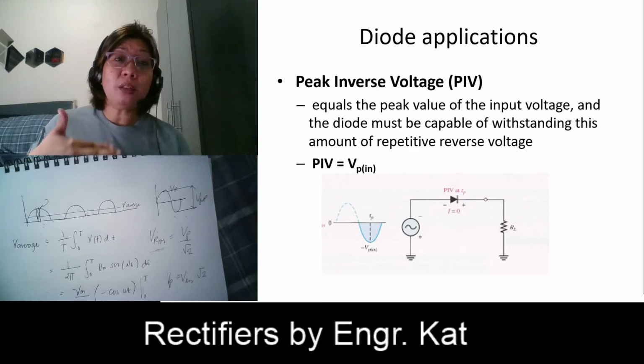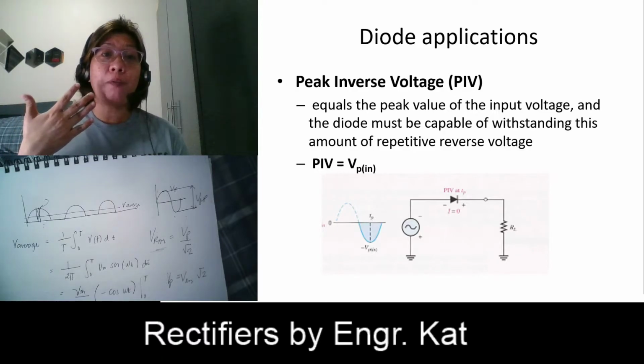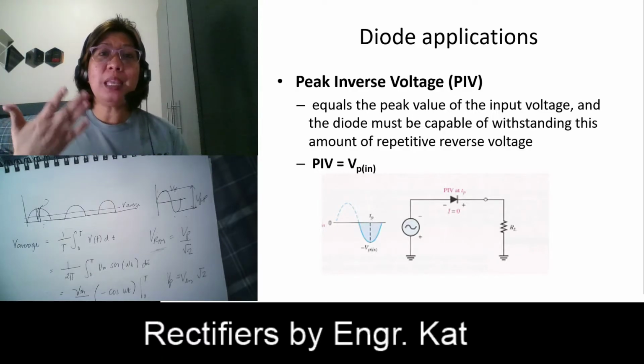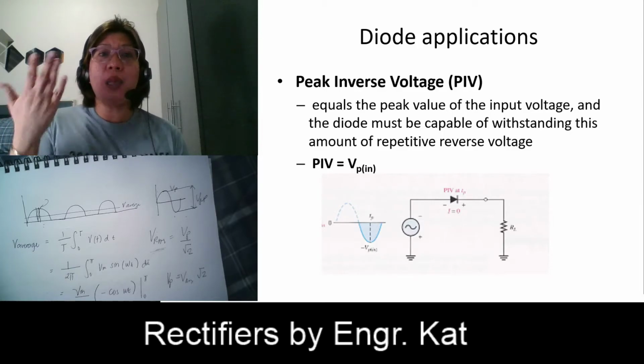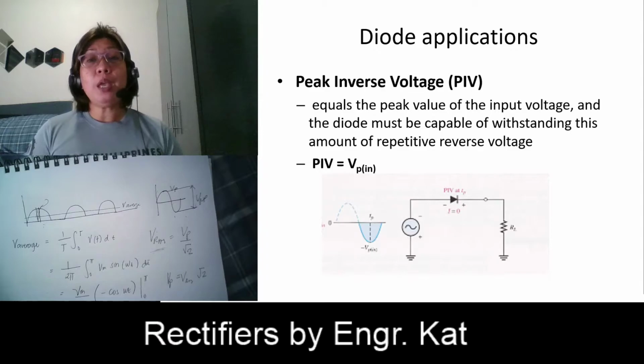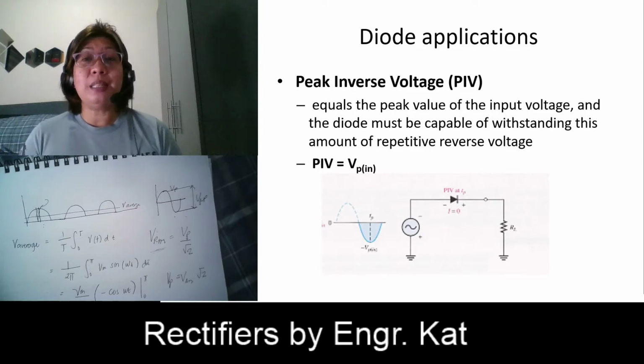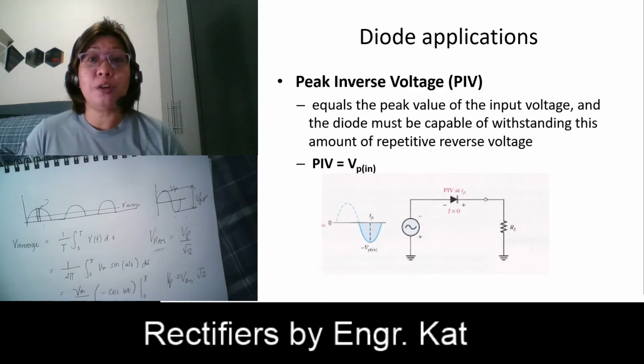But when your cycle goes negative, your diode will experience a negative voltage, and we have to be very careful that it does not exceed the PIV rating of your diode, because if it does, it might destroy your diode. Your peak inverse voltage, or PIV, equals the peak value of the input voltage, and the diode must be capable of withstanding this amount of repetitive reverse voltages.